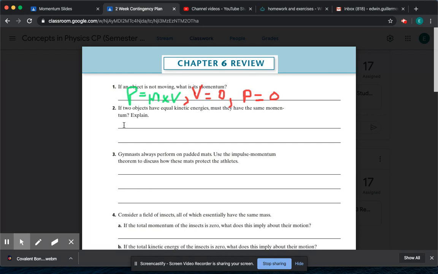But in momentum, they're equally weighted. So in kinetic energy, velocity has a bigger weight because it's squared. But in momentum, the mass and the velocity, neither of them are squared. So they both play equal parts. So because the ball's a lot bigger, it's gonna have a lot more momentum.